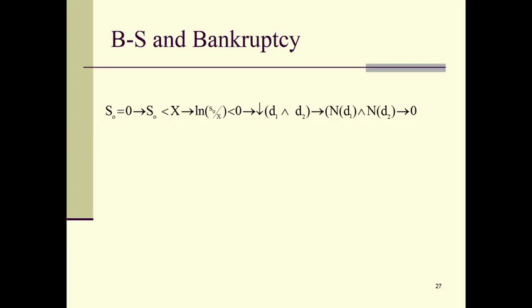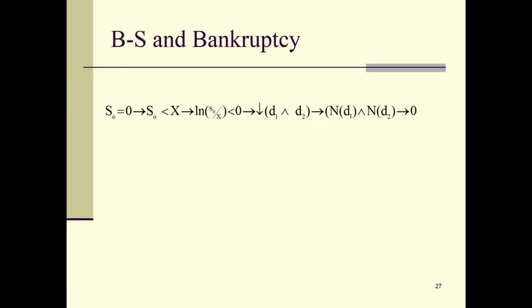The stock becomes 0. And when the stock becomes 0, what happens to d1 and d2? So the stock price is 0 now, right? When the firm goes bust, S is 0. And what happens to your d1 and d2?